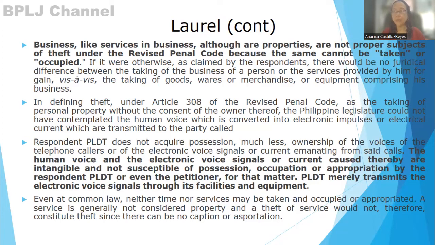For that matter, PLDT merely transmits the electronic voice signals to its facilities and equipment. Even at common law, neither time nor services may be taken and occupied or appropriated. Service is generally not considered property, and a theft or service would not therefore constitute theft since there can be no asportation.